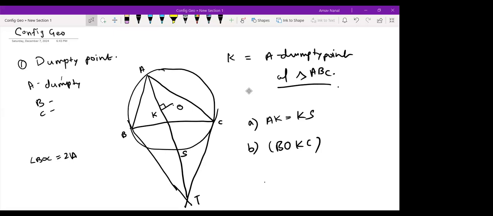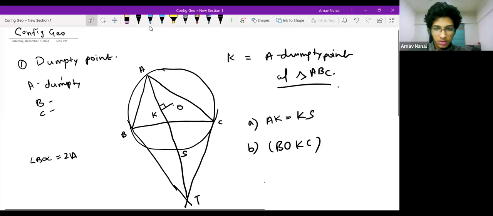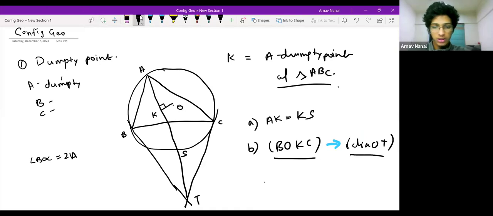We take the diameter OT, which is obviously the diameter of OBTC because BT and CT are tangents, so they are perpendicular. Yes, that's true. So this is the circle with diameter OT. And K is also perpendicular, so this is the circle with diameter OT. That's nice. So we know that BOKC is cyclic.